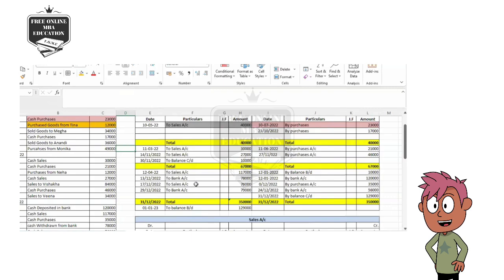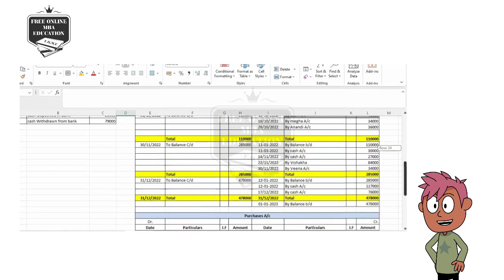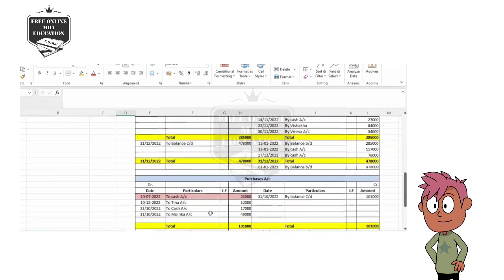So now purchases account debit. On the debit side of purchases, you would find Tina account. Here to Tina, rupees 12,000. Now, since we are not maintaining Tina's account, we are not going to write the second effect because in this example, we have been asked only for preparing the purchase, sale and cash account.